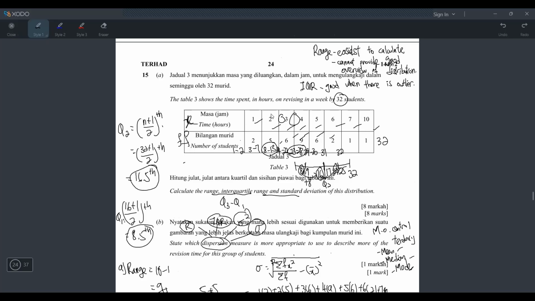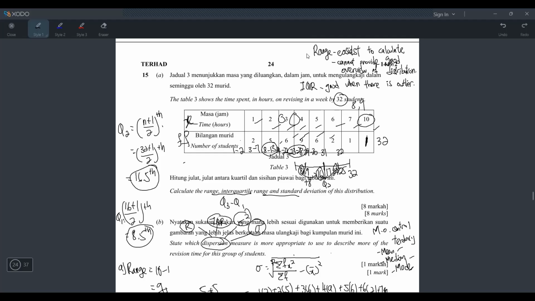The hours are 1, 2, 3, 4, 5, 6, 7, but there is no 8 or 9 hours. Then one student revised 10 hours, but only one. It is a value very different from the rest, not many students, just one. So it's good that we don't take this in our calculation.